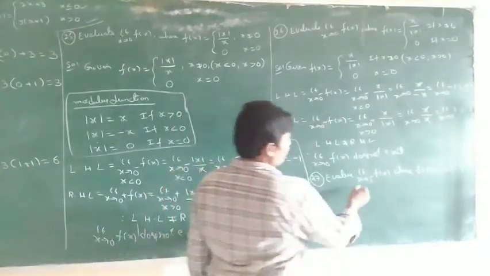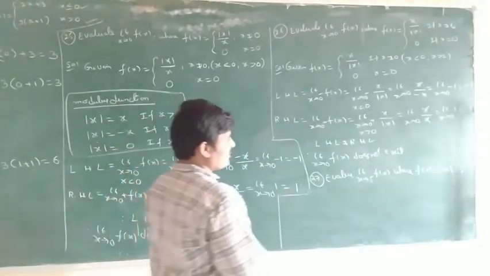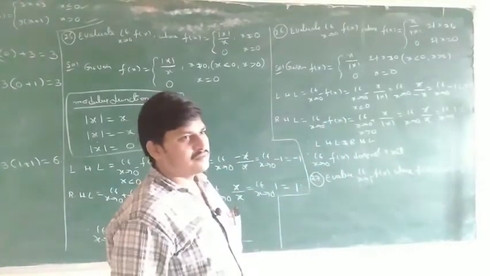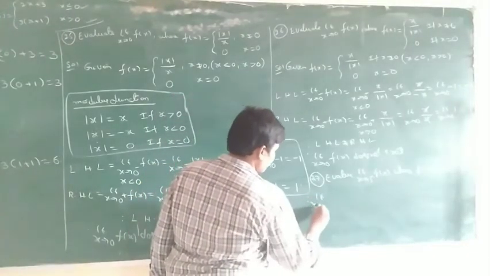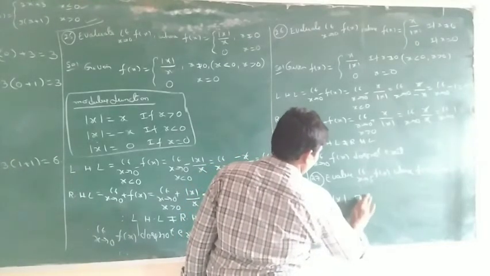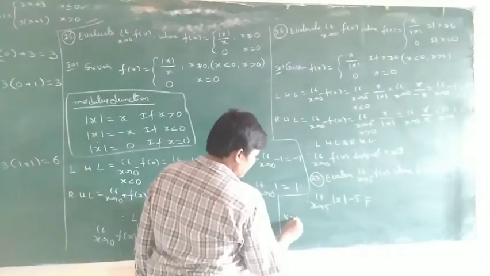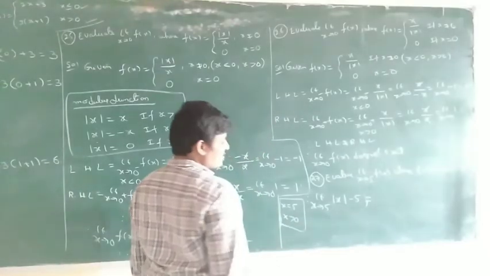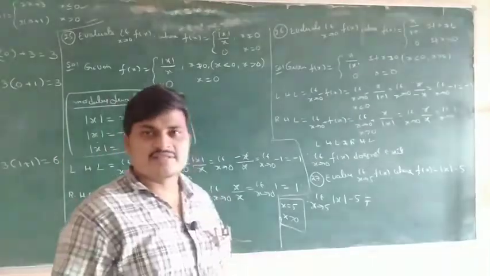X tends to 5 means what? X tends to 5 means greater than 0. So limit x tends to 5 of mod x minus 5. X tends to 5 means x is equal to 5.